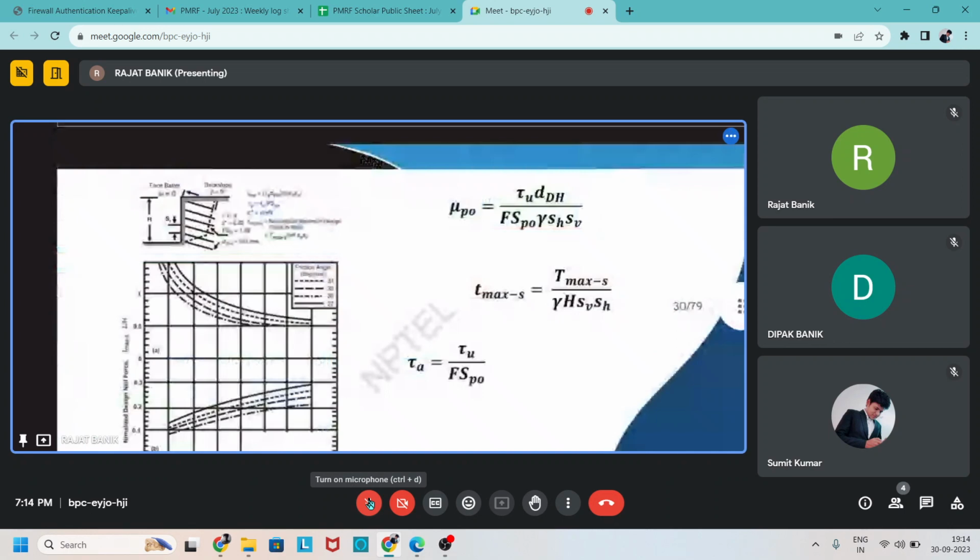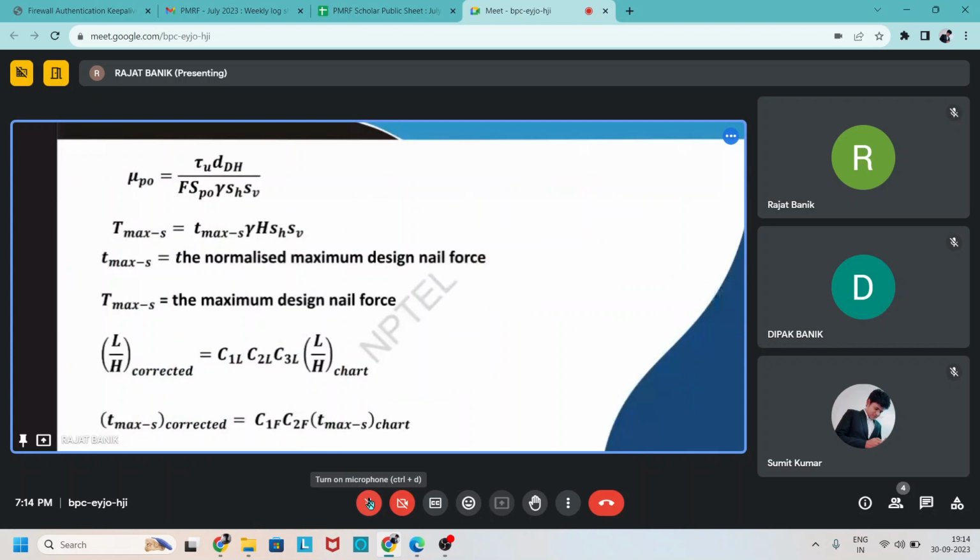So now to use this chart, the normalized bond strength is given by tau_u into D_S divided by F gamma H, where tau is the ultimate bond strength, D_S is the factor of safety, gamma is the unit weight, and S_H S_V is the facing spacing for horizontal and vertical.